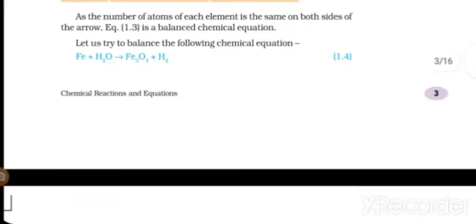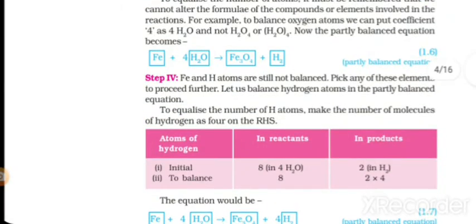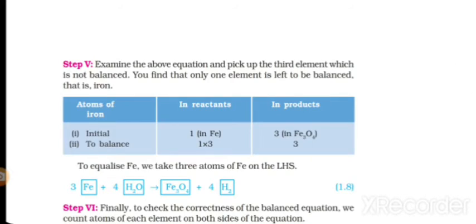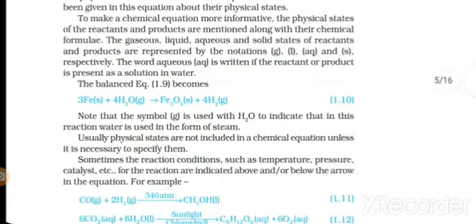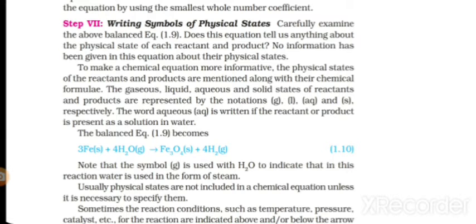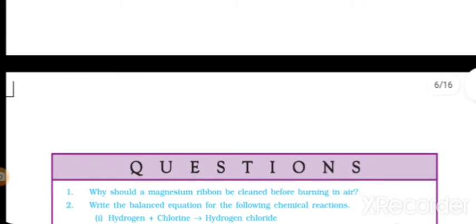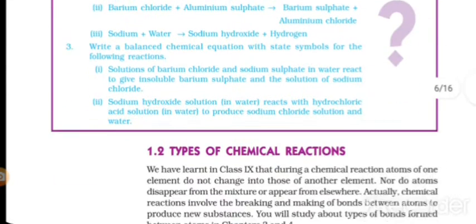Okay, so going further, we'll be learning different steps how to write down and how to balance the chemical equations when we go word by word and line by line in this chapter. Okay, don't worry as of now, because I am giving just the overview of what we will be studying in this chapter. So don't worry if I am scrolling a little faster.